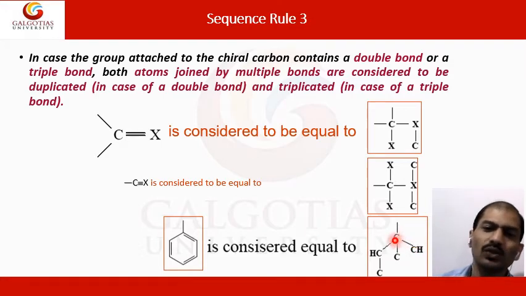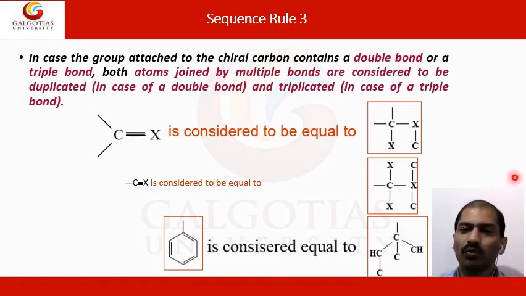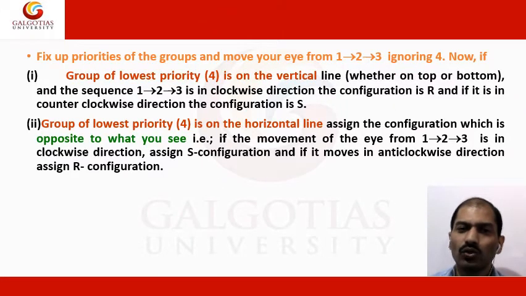These things should be kept in mind once you are putting the priority rules into designating R and S nomenclature.